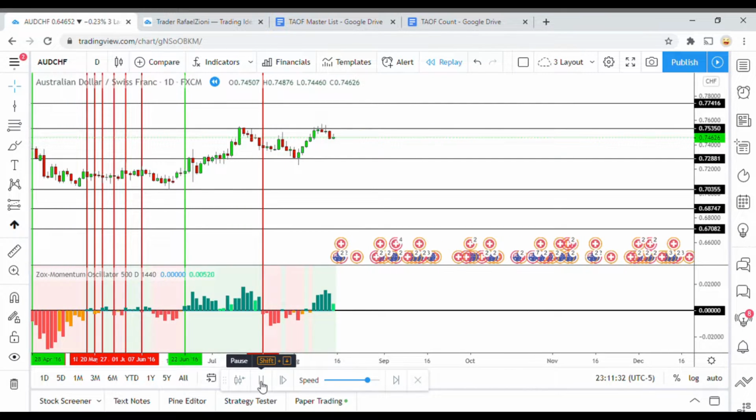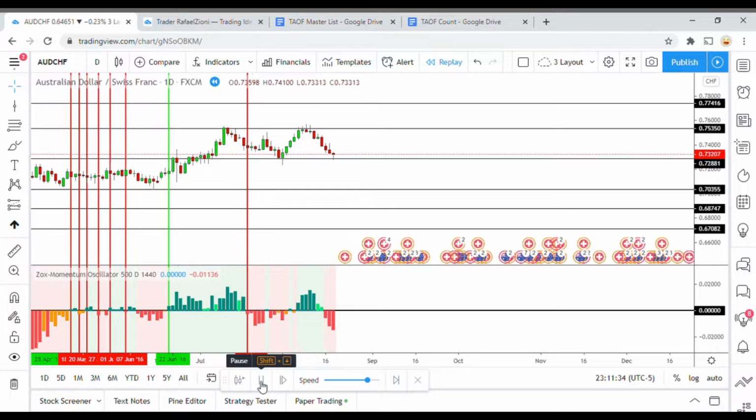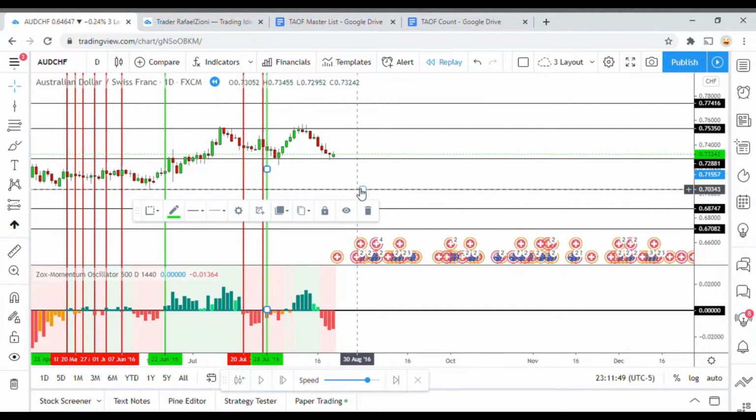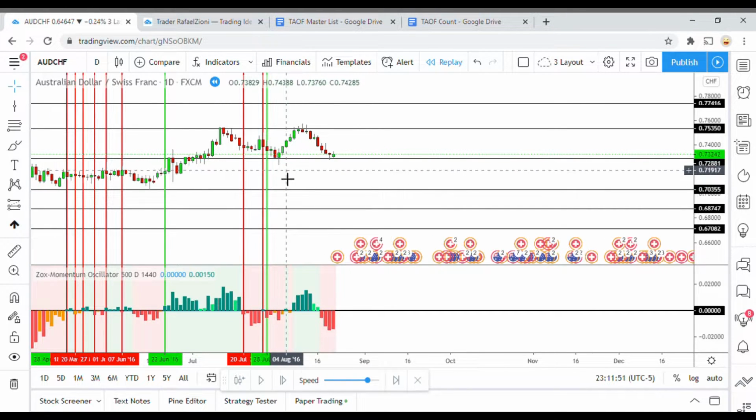Looks like they're pushing it up and up and up. Double topping there. Get a losing trade there. Winning trade there.